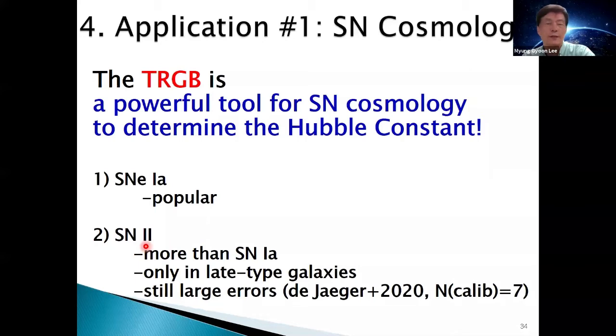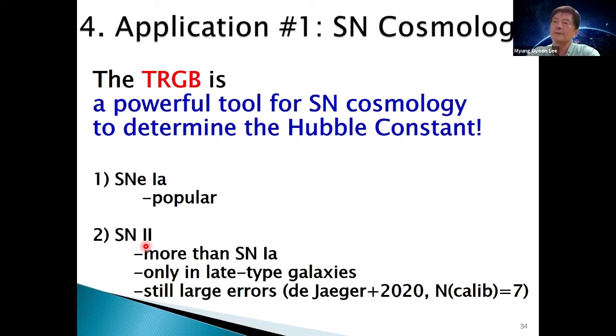But type 2 are found only in late type galaxies because they are massive, young stars. And the light curves of type 2 supernovae show a large range of luminosity. So the errors are larger, and they're not as powerful as type 1a at this moment, but some astronomers are working very hard to utilize type 2 as well.